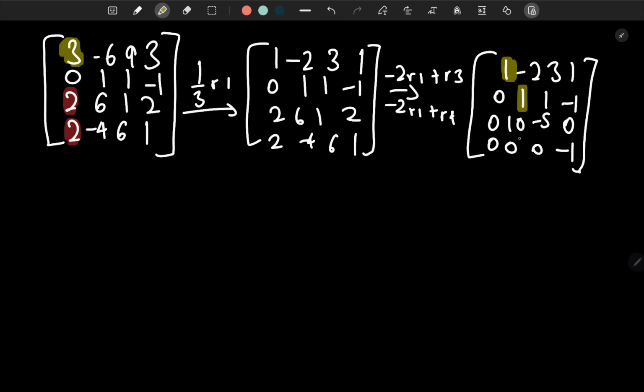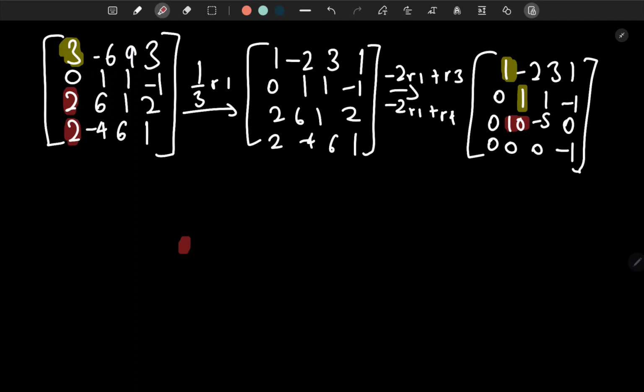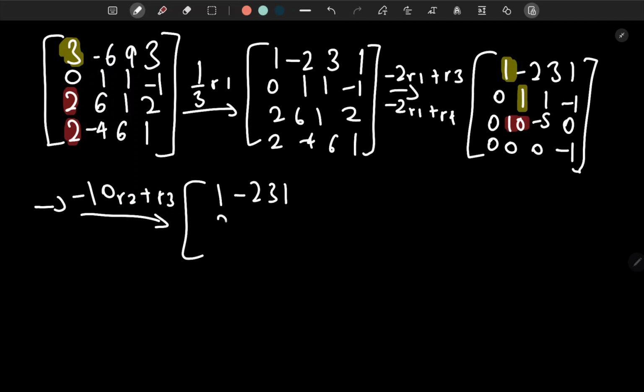Second pivot is also 1, but we do have a 10 over here, so we need to get rid of this 10 now, and we can do that by simply doing minus 10 R2 plus R3, and this will give us 1 -2 3 1, 0 1 1 -1, and then this is going to become 0 0 -15, and then 10, and here it's going to be 0 0 0 -1.